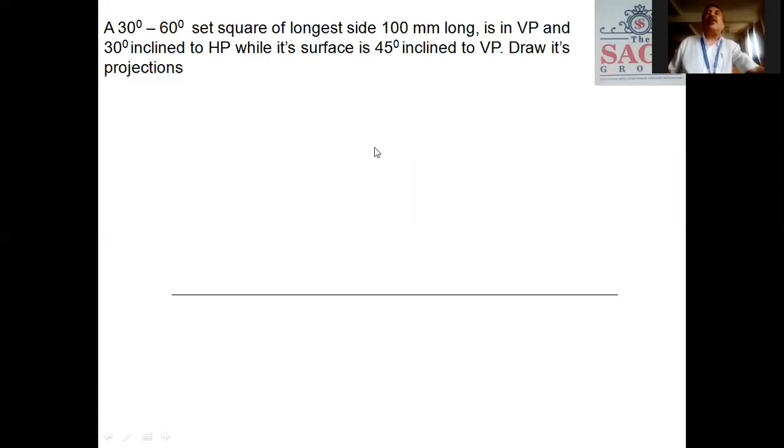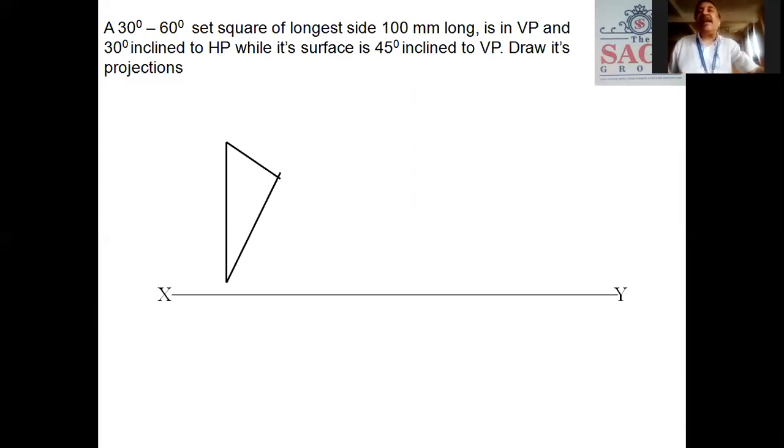Now we start drawing. When we clear these two problems, where we have to draw the true shape and how we have to draw the true shape, now start drawing. First draw the longest edge, that is perpendicular to XY. It is taken 100 mm. Now at one corner we have to draw any one angle, suppose 60 degrees, and on another corner we have to draw another angle, that is 30 degrees.